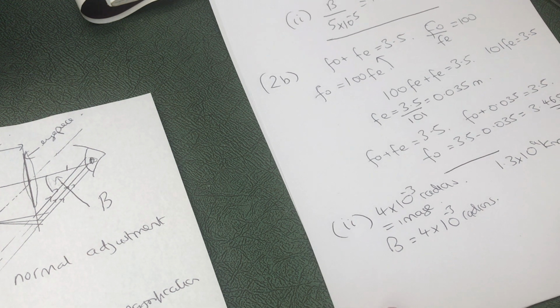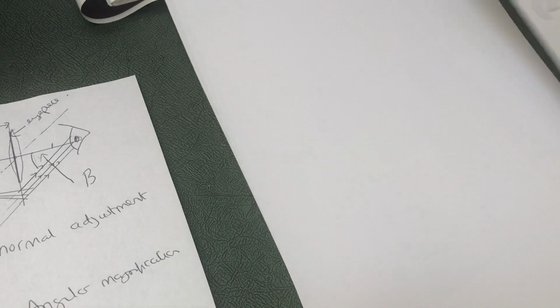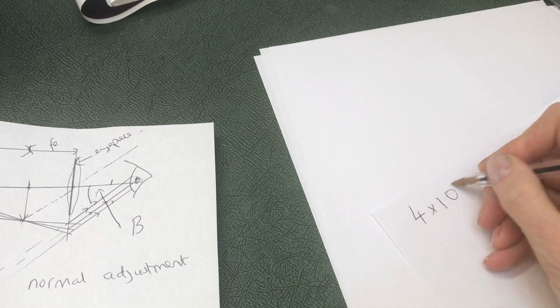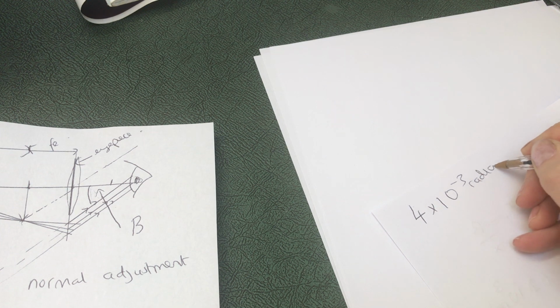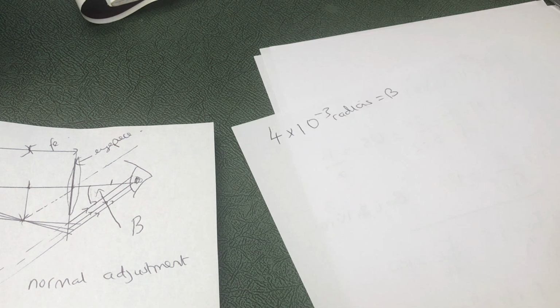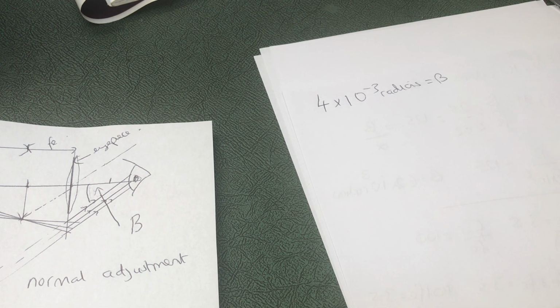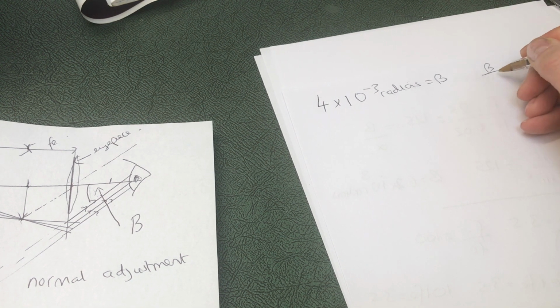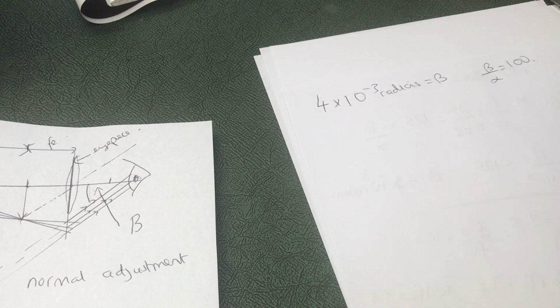Now, I'm going to turn over for this one bit actually. 4 times 10 to the minus 3 radians is equal to beta. And we know that the magnification, beta over alpha, is equal to 100.